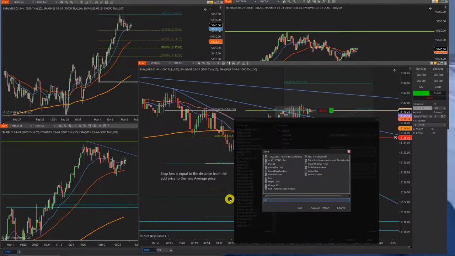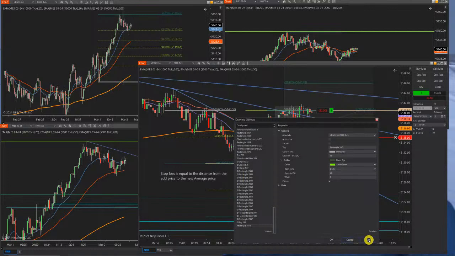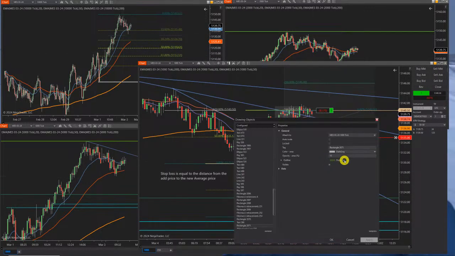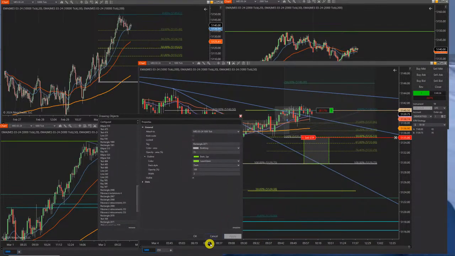Add price stop loss. All right, we're going to call this, all right, there we go.